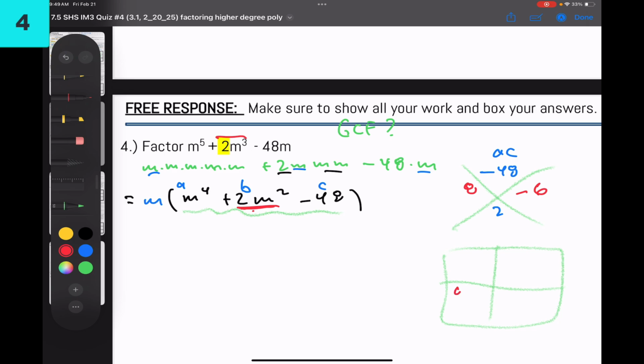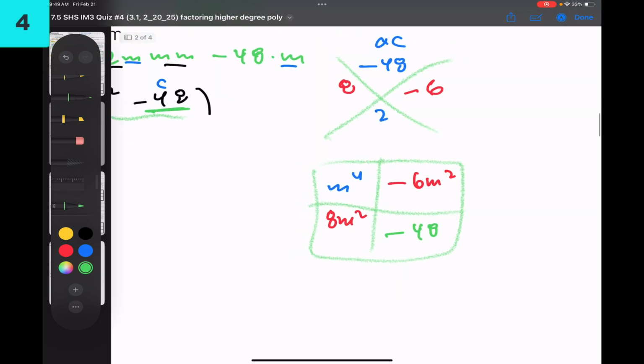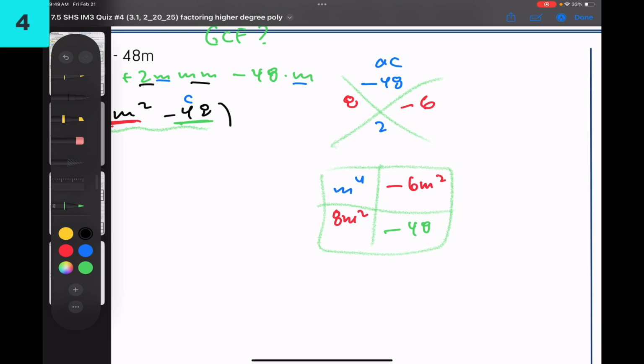So that would be 8m squared, negative 6m squared. I'm going to write that top left and this one in the bottom right. Now we just need things that multiply on the outside, so m squared times m squared equals m to the 4th. This would be a positive 8, and this one would be a negative 6.